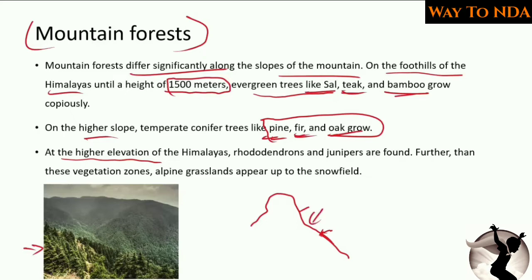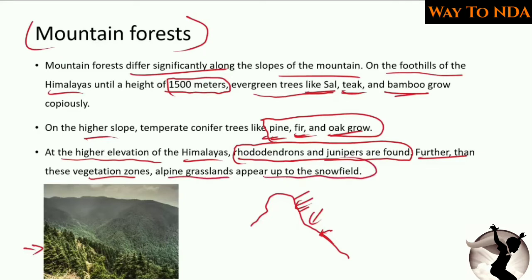But as you go higher, in the mountains of the Himalayas you will find the rhododendrons and junipers are found. So this is the type of trees, rhododendrons and junipers, that you will find at the higher elevation. And further than this vegetation zones, alpine grasslands appear up to the snowfield. तो फिर आगे आपको मिलेगा स्नोफील्ड.